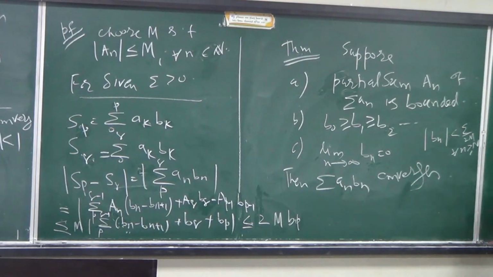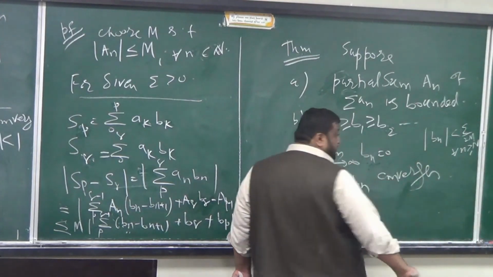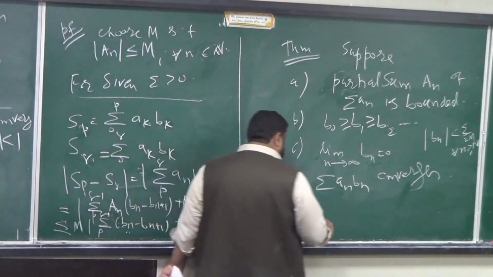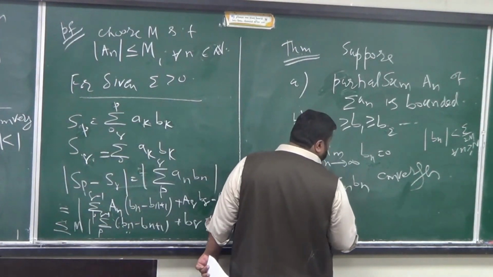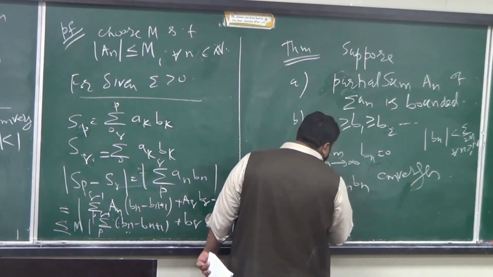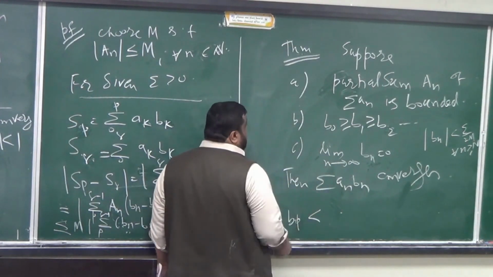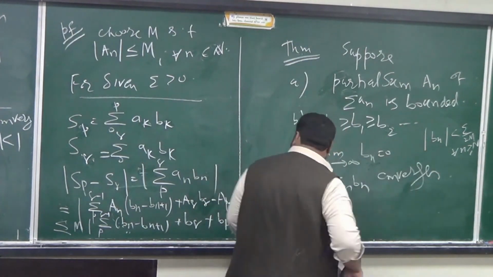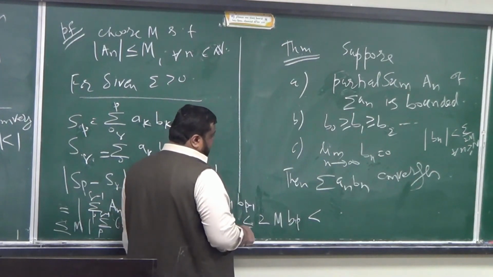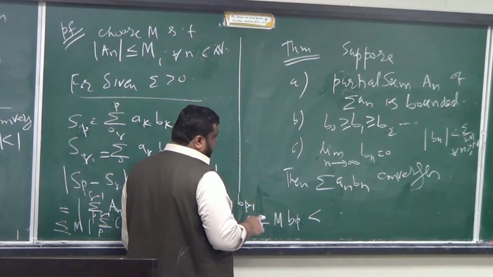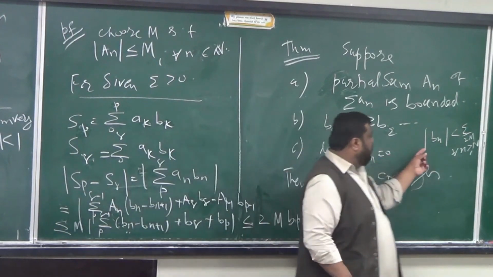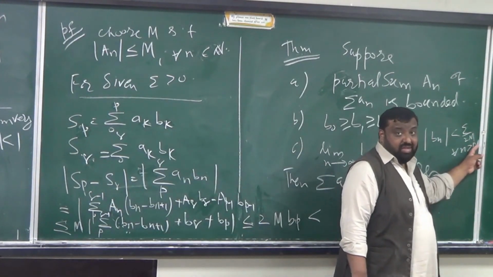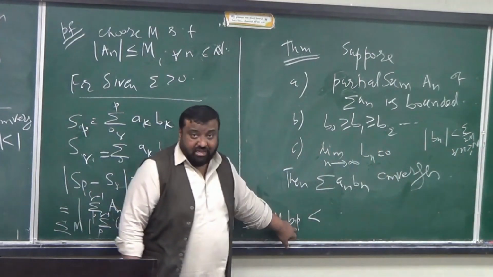So hence you're going to say that this is smaller than epsilon. I need to make sure that P is bigger than N, because this is true for all n bigger than or equal to N. While here we don't have n, we have BP actually.